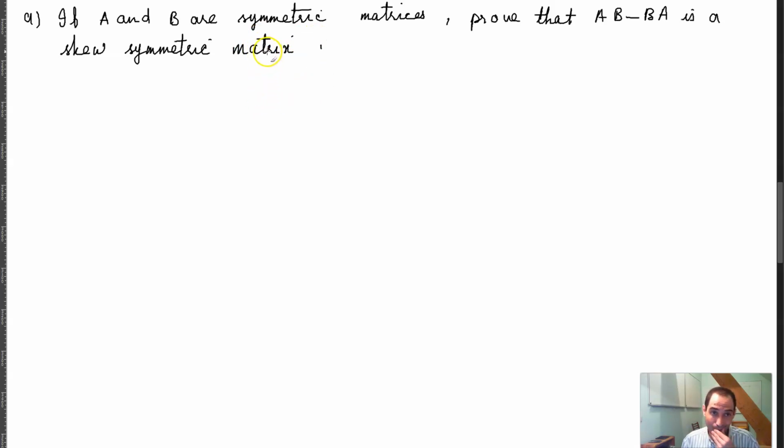Now, the assumption that you make is that, of course, the given is that A and B are symmetric matrices.